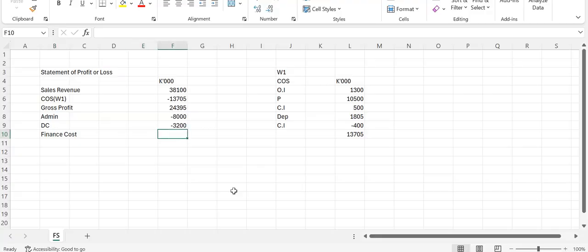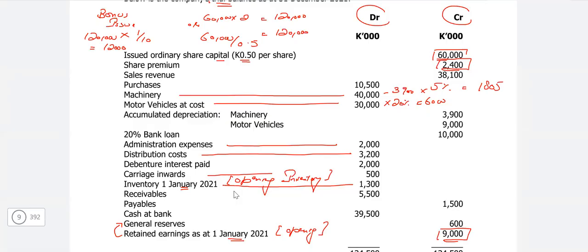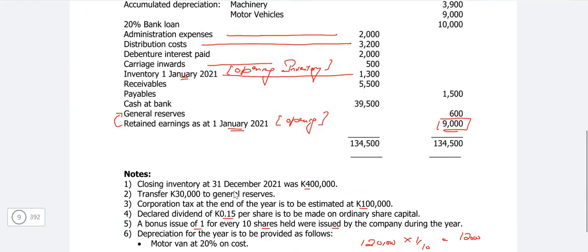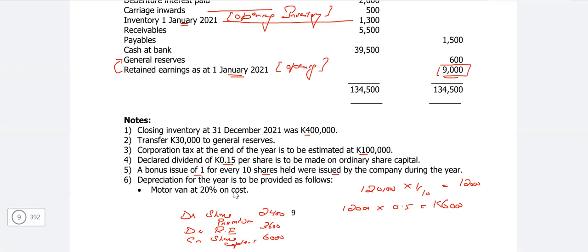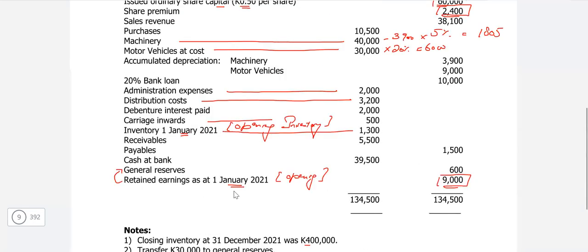So actually it is the interest paid. Usually we don't take the interest paid into the statement of profit or loss. We take the interest payable, the finance cost. But the thing is that we don't have a liability within the trial balance. There is no liability. So that means the liability is paid, and this was the only interest we had.